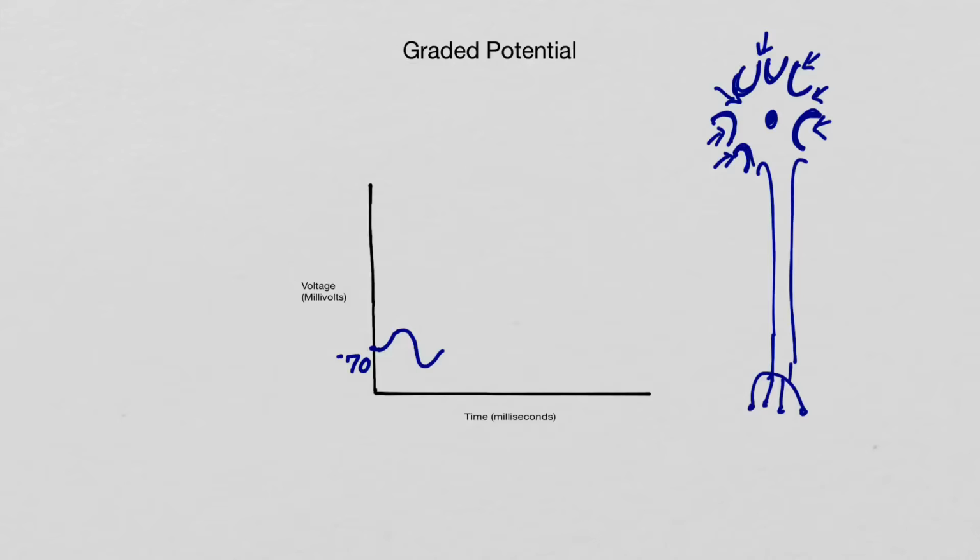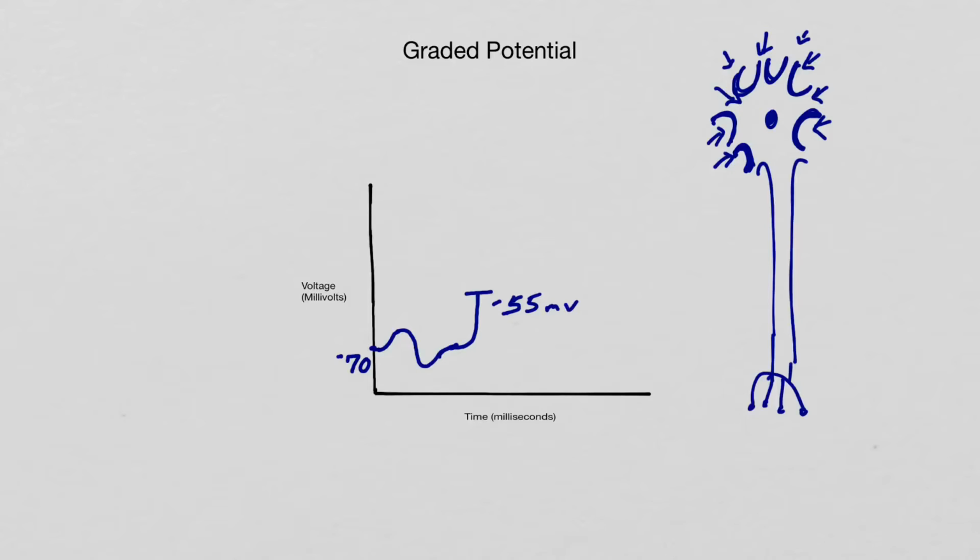Now, if the frequency of a graded potential increases, or the number of graded potentials from different neurons increases, that may bring the membrane voltage up to this point at negative 55 millivolts.